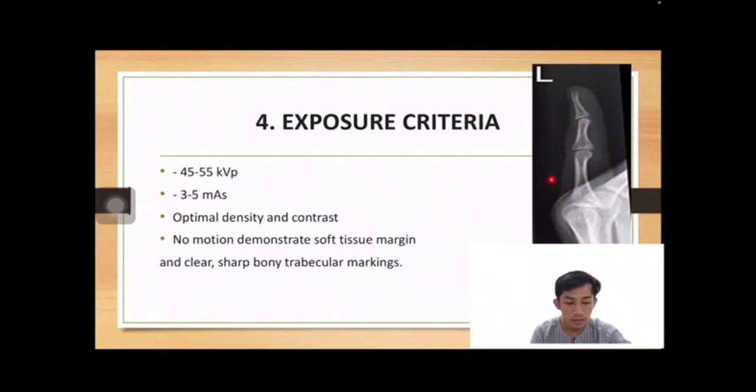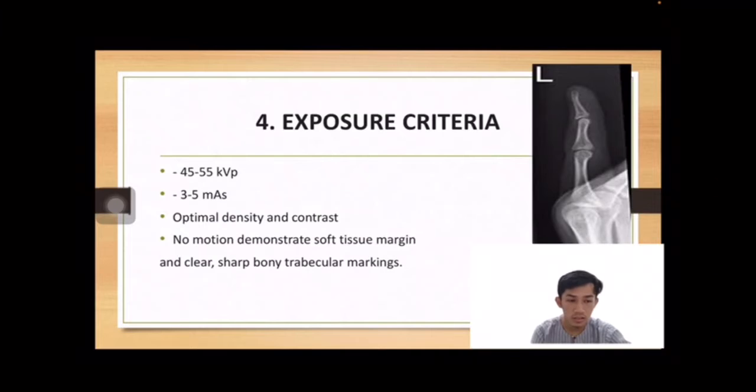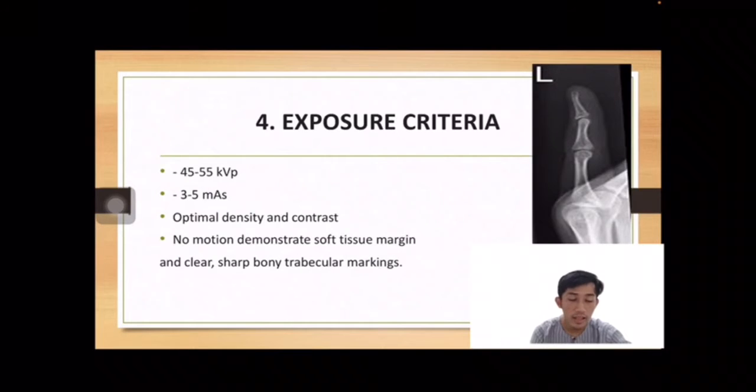For this part we use 45 until 55 kVp, while for the mAs we use 3 until 5 mAs. It shows optimal density and contrast with no motion, demonstrating soft tissue margin and clear sharp bony trabecular markings, so it avoids any motion.